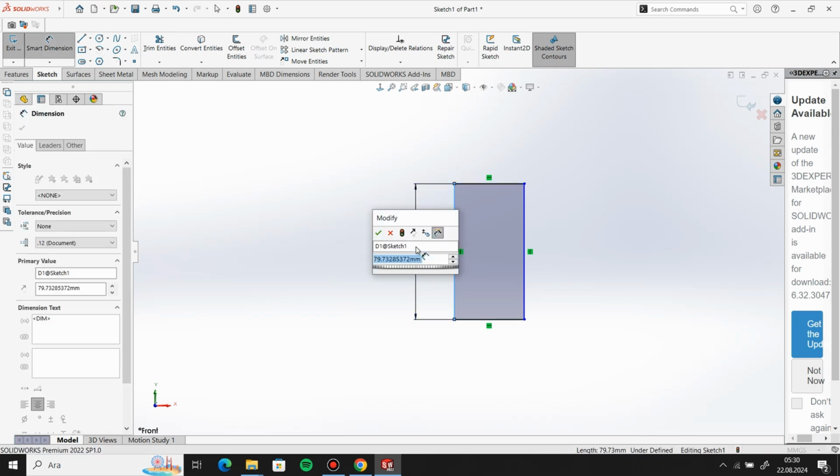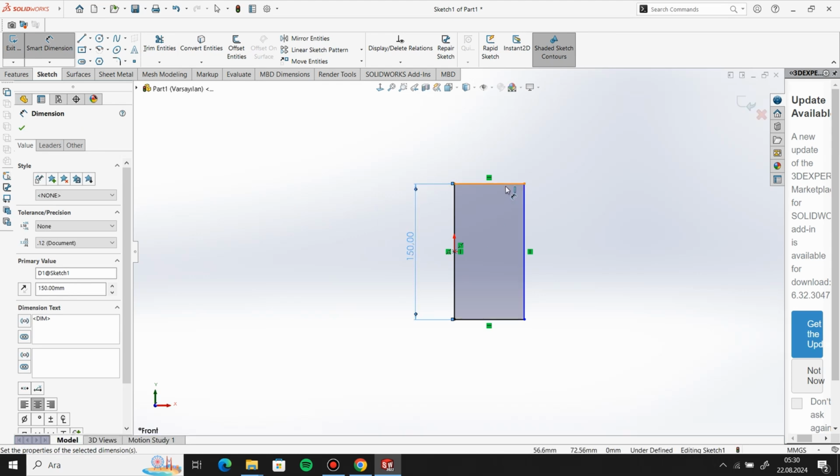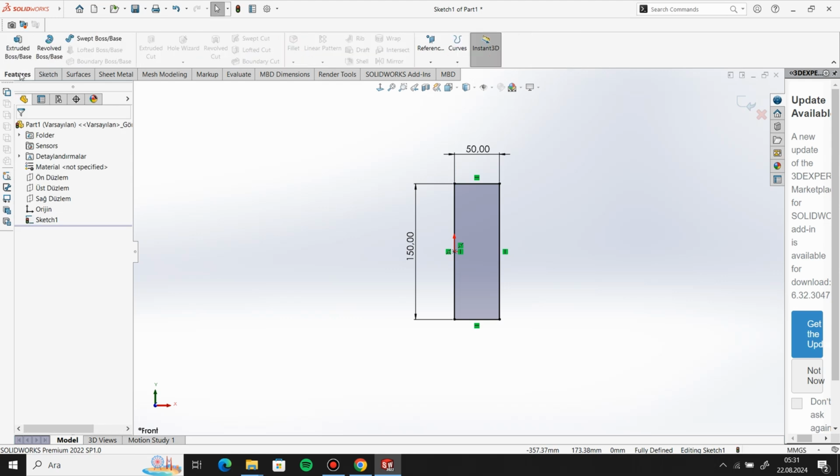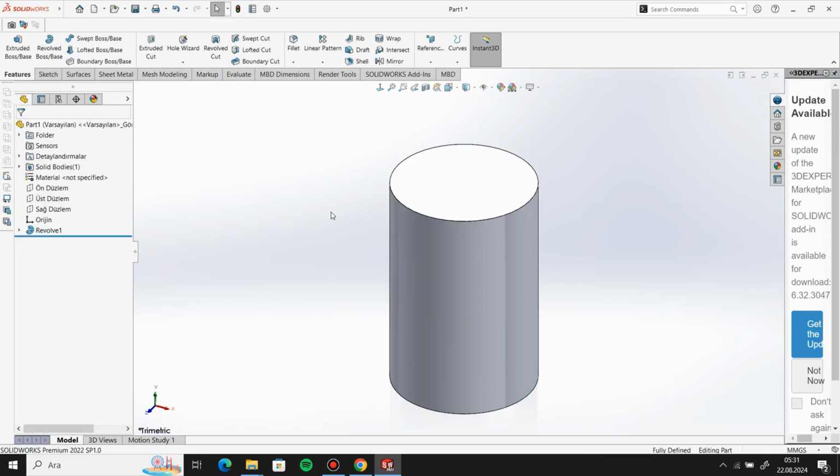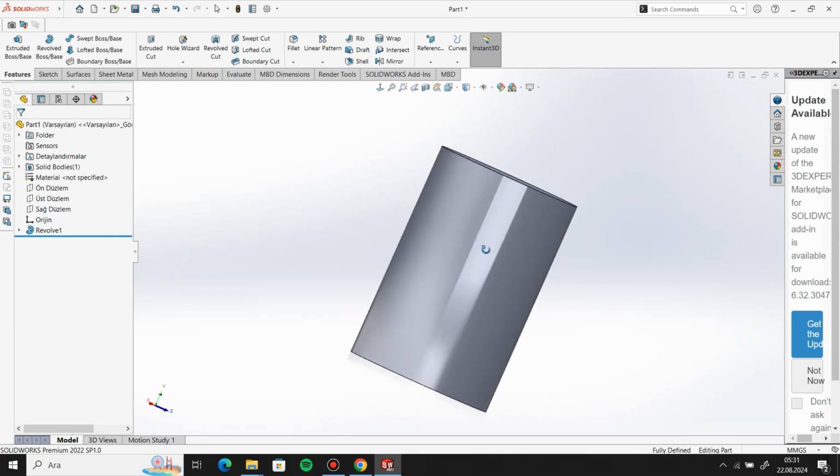I dimension the lines. Then, I use the revolve command to rotate the sketch around the line on the origin. And our cylinder is formed.